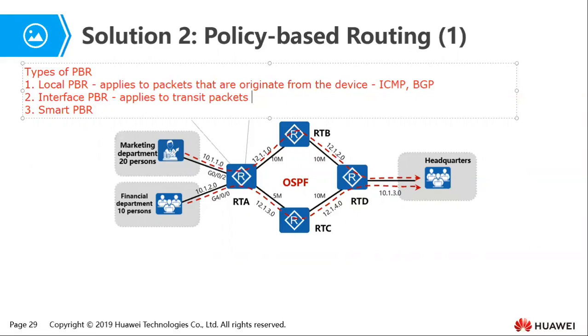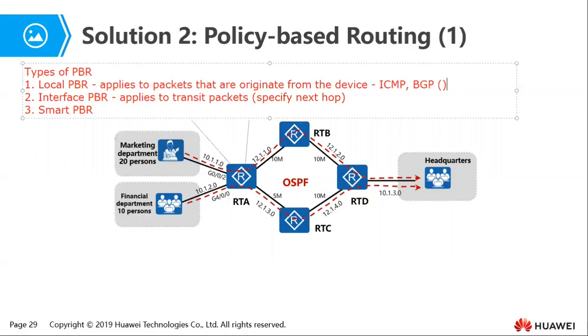With interface policy-based routing, you can specify the next hop of the traffic. You can specify the next hop of that particular traffic.